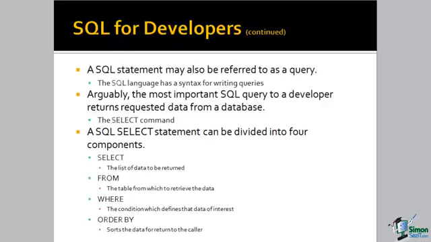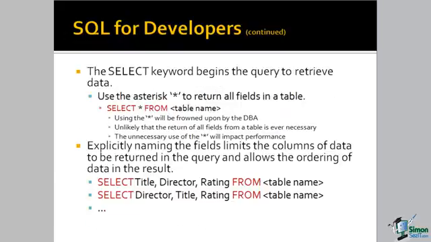When we write a SQL command, we can think of it as being in 4 parts. These 4 parts are divided by the keywords select, from, where, and order by. Select is a keyword, and it begins the command to retrieve data from the database.